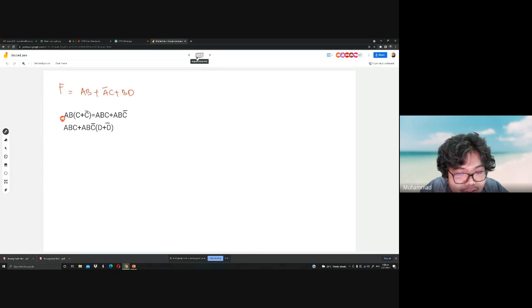Tu complete untuk first product term. Betul lah. So untuk second product term dia kurang B dengan D. So kita pakai rule 6 juga. Buat benda yang sama. Kita buat B dulu.